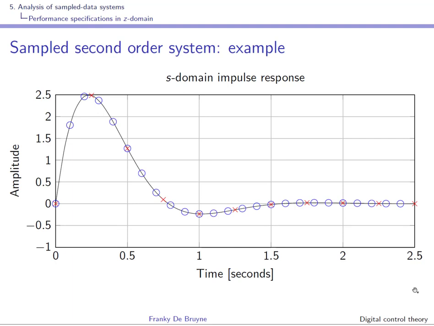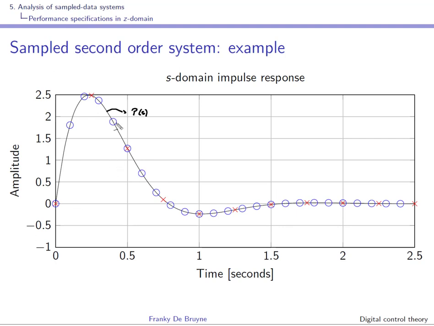So here you see the impulse response in black in continuous time. So this is the impulse response of the original system P of s. So what is done is to look at the discrete impulse responses, or you can see this also as the impulse responses sampled at different ts.